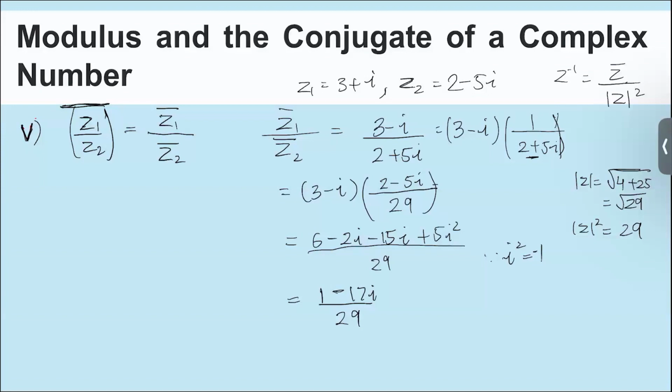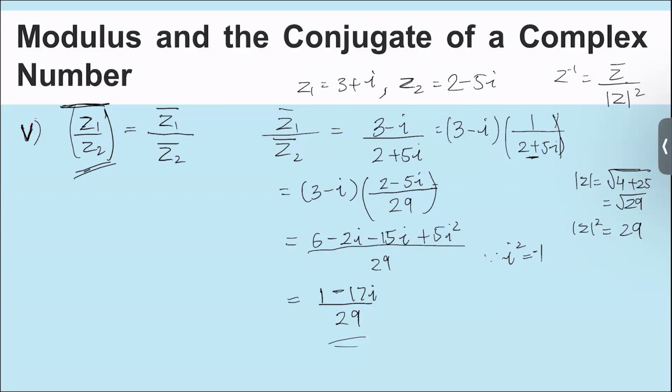Okay. So you can try by yourself to see if you can find the same answer as this. Okay, so if you take first the quotient of z1 by z2 and then you find the conjugate of that result, you should get it in these terms.